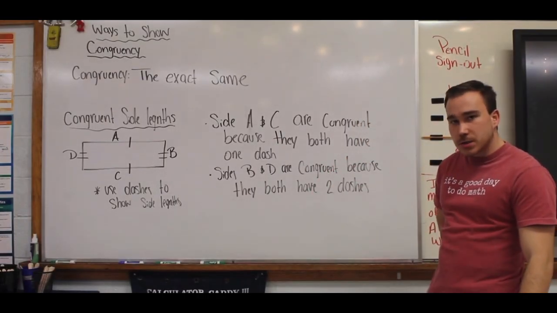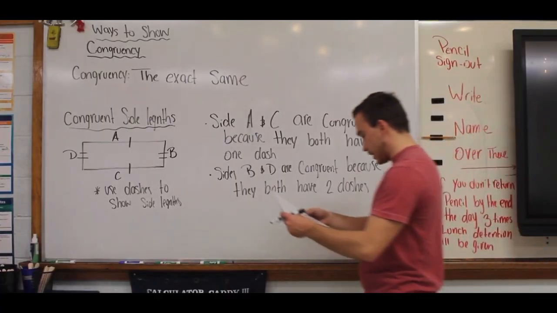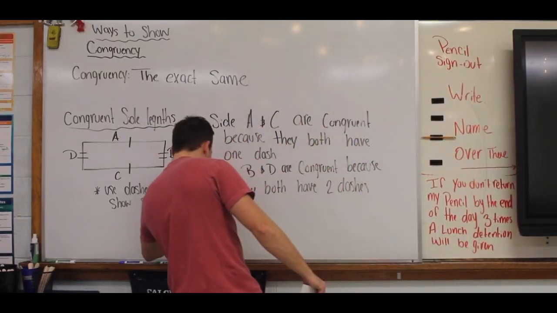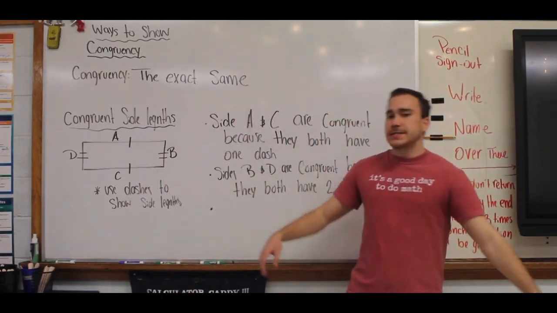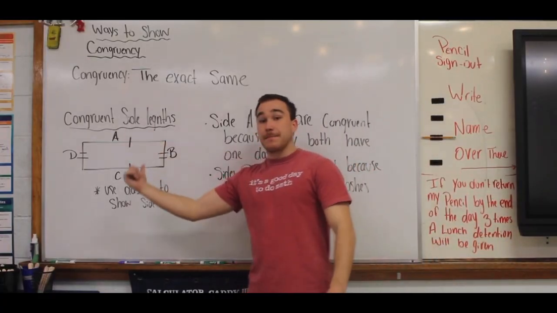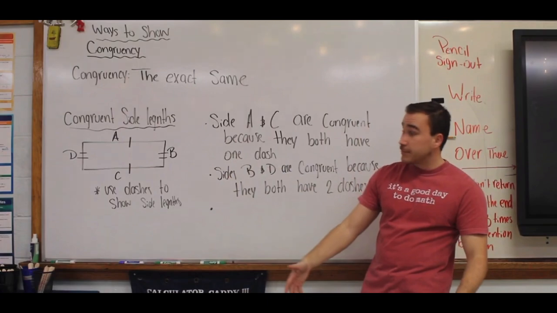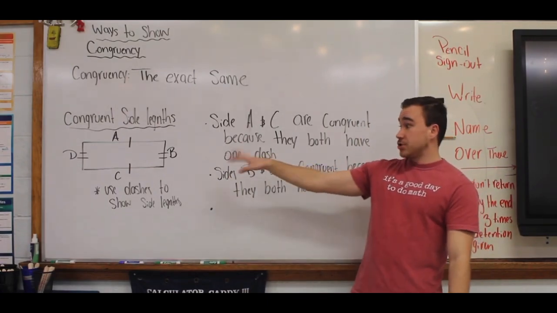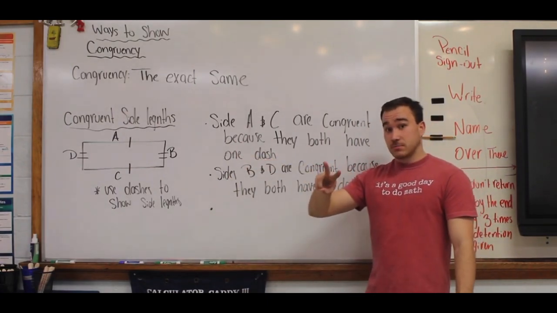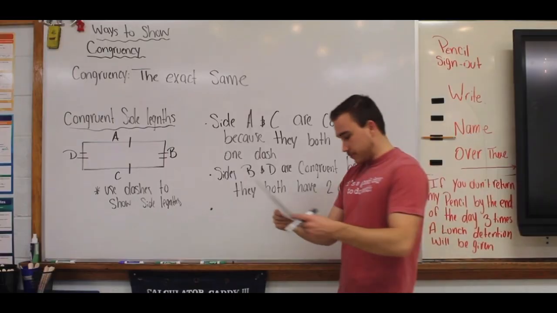And then one last thing we can say. What do you think we can say about sides A and B? Side A and side B, are they congruent or not congruent? Well, side A has one hash, side B has two hash marks, so they are not congruent.